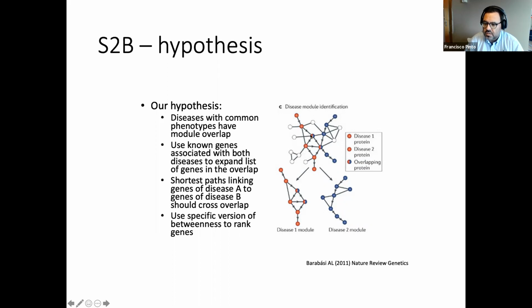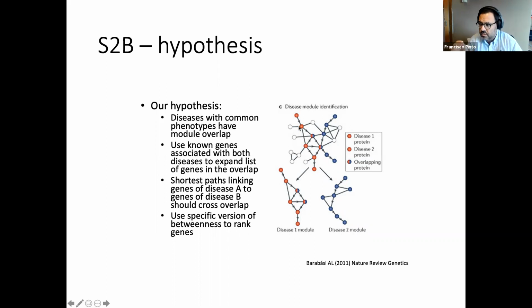So the genes that are in the overlap should, that's our hypothesis, be more frequently part of shortest paths linking nodes from one disease to nodes of the other disease. This concept is highly similar to the betweenness centrality, but the betweenness centrality is computed for the whole network. So we want to measure how many times a node is part of the shortest path linking all network nodes.